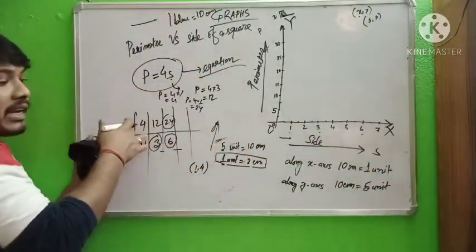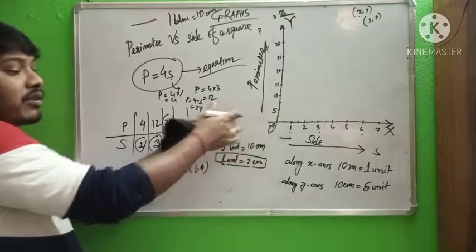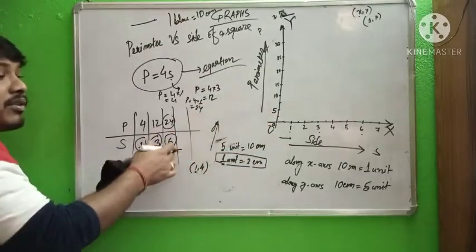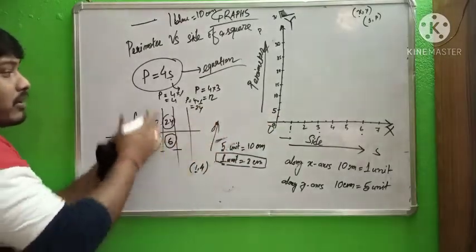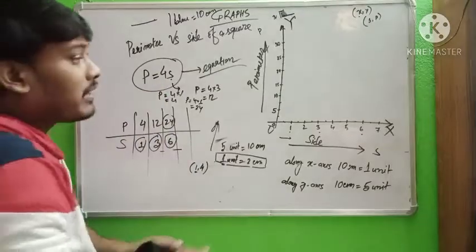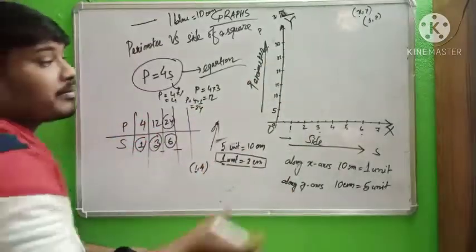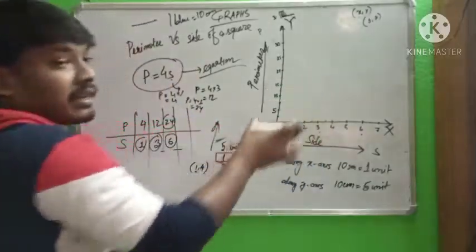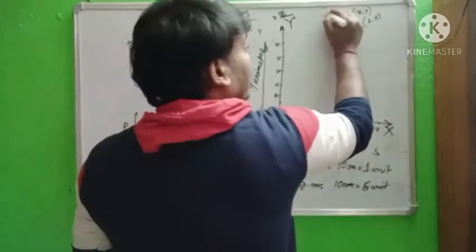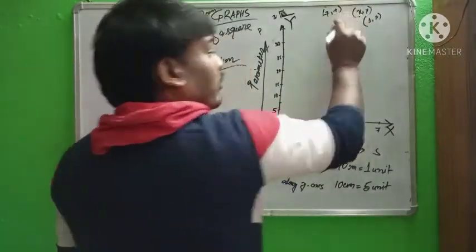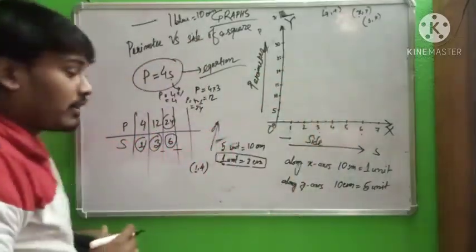We are not talking about the negative direction, because here the values are only positive. That's why we have taken only the first quadrant, which is for positive points.